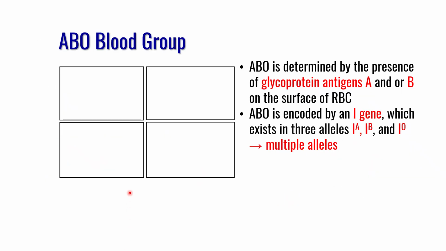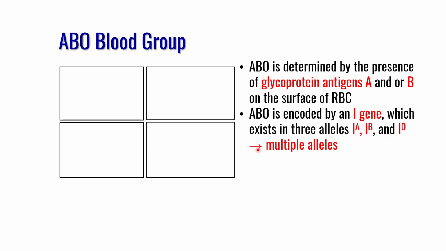I would like to discuss multiple alleles further with an example of the ABO blood group. ABO is determined by the presence of glycoprotein antigens A and or B on the RBC cell surface. ABO is encoded by an I gene. So there is one gene, however it exists in three allelic forms, IA, IB and IO.